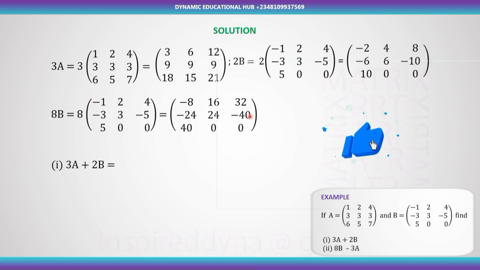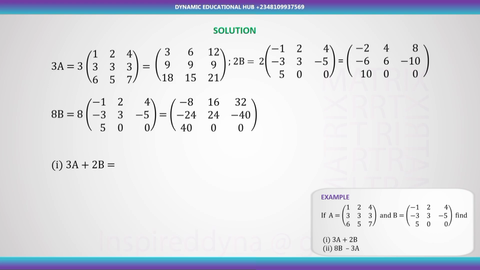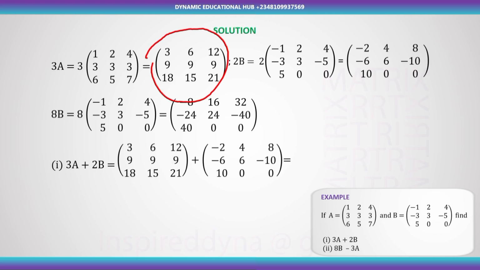The first one is 3A plus 2B. We have done all the scalar multiplication and we've gotten our answer. Now here is our 3A. We want to add it with our 2B. Here's our 2B. So let's write out our matrix. This one is 3A, this one is 2B. So let's add them together. Now you can add them because they are of the same order.